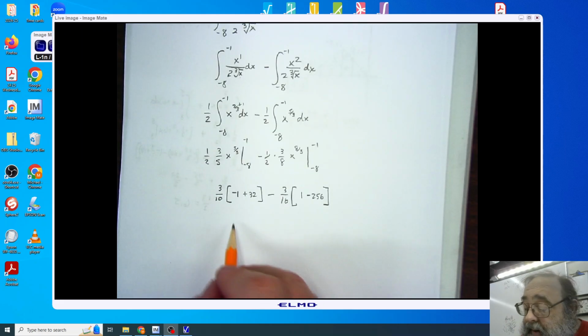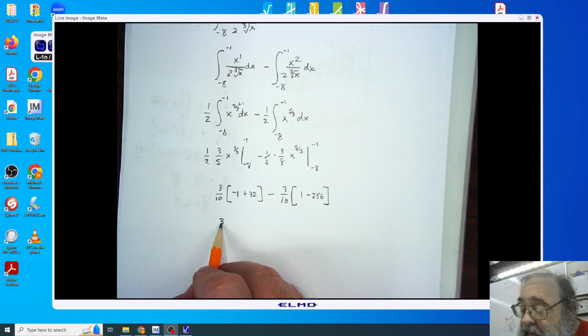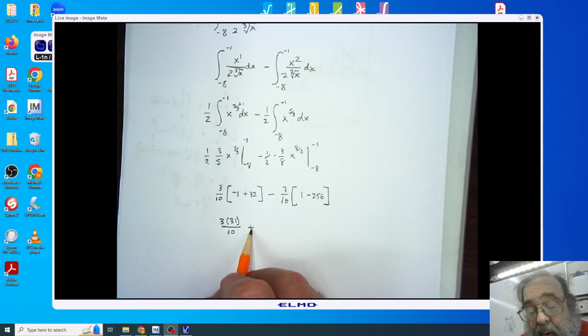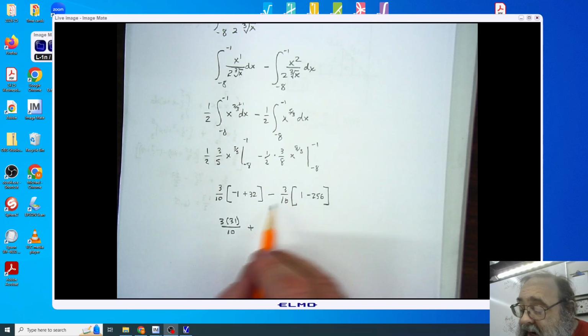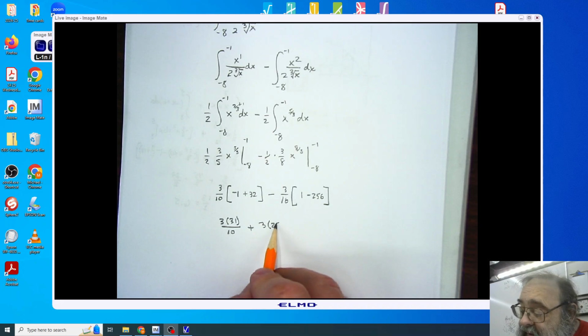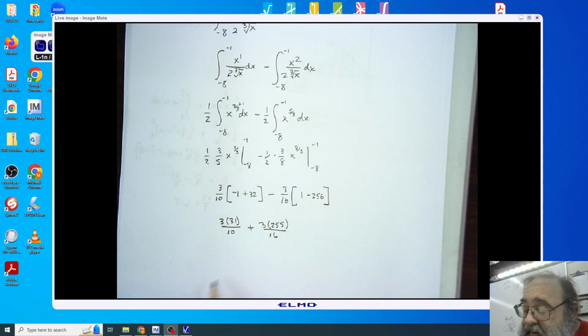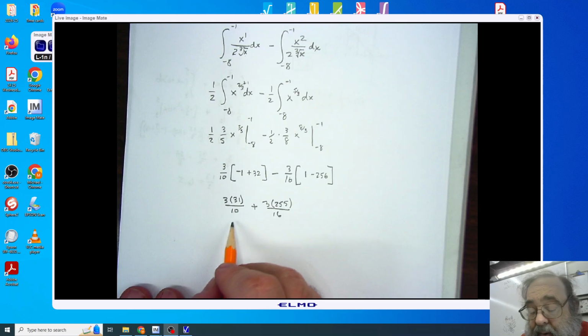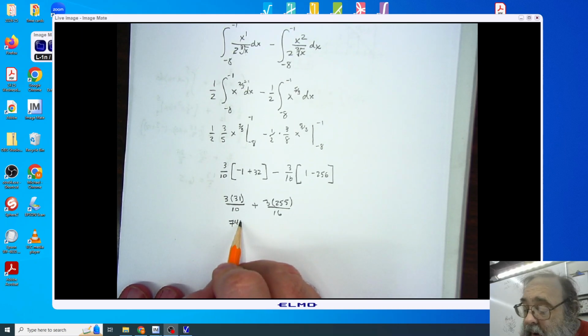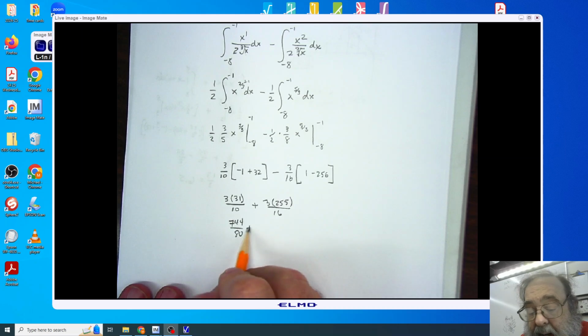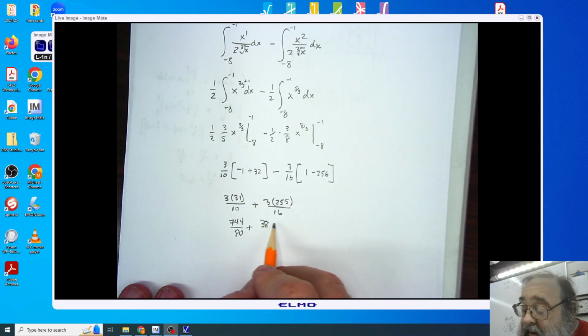We now simplify this, and we have 3 times 31/10. And we're looking at a double negative for 3 times 255. This is 16ths. And when we do this, we get 744/80ths plus 3,825/80ths.